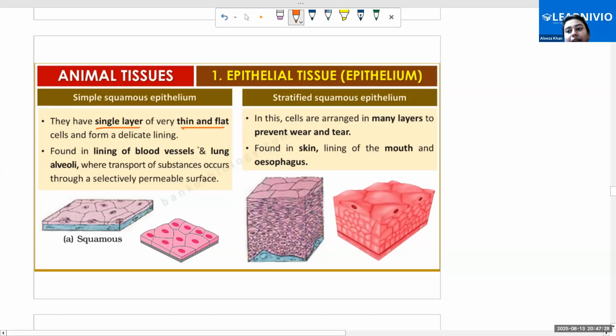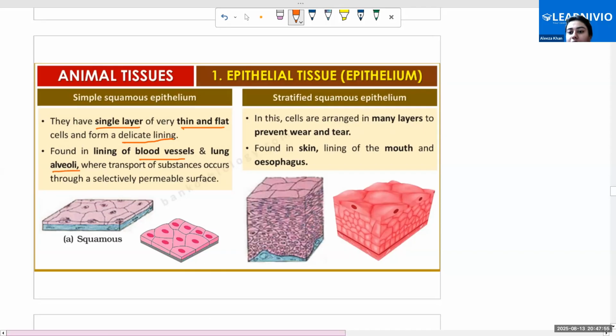Since they are thin, flat, and single layers, they must be having delicate lining, a very sensitive lining. Where will you find it? They are present in the blood vessels. We have already discussed that your epithelial tissues are in your blood vessels, but specifically simple squamous epithelium is around your blood vessels and the alveoli of the lungs.